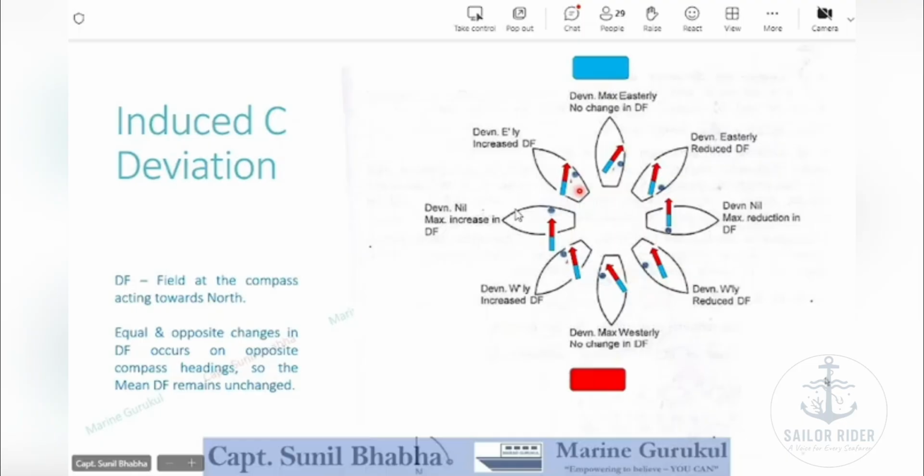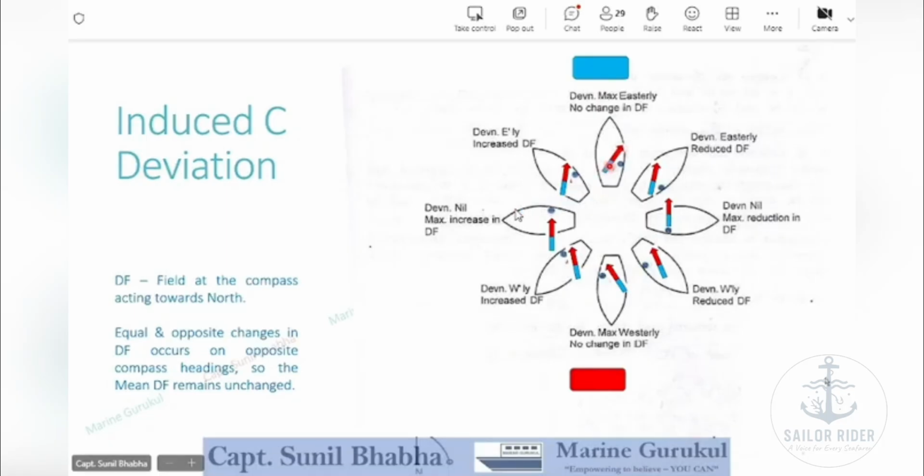Let's now try to see the kind of deviation which this vertical soft iron structure generates. Let's assume the ship on a northerly heading first. With the ship on a northerly heading, you can see the compass needle represented by the red and blue poles arrow shown in the diagram.